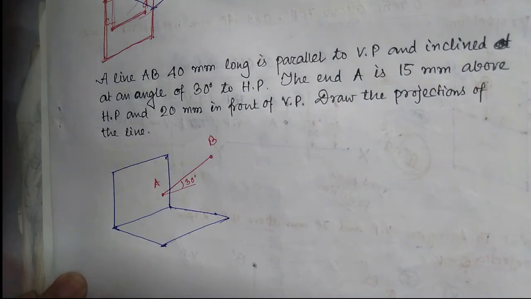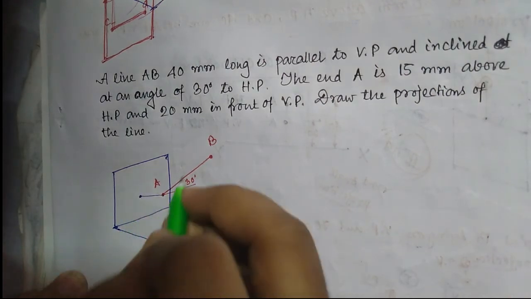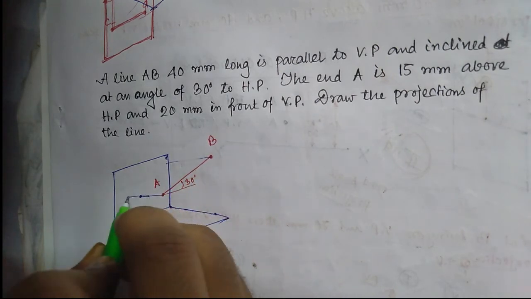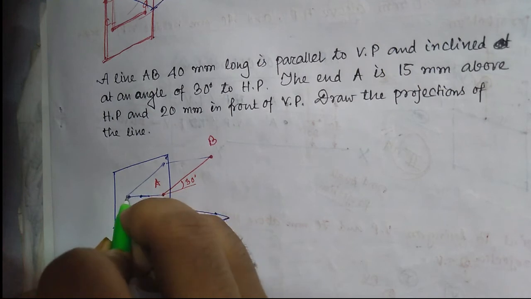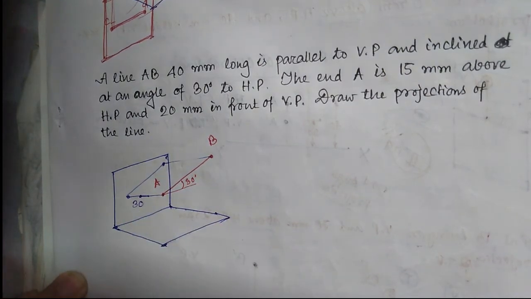Now what is the distance with vertical plane? This distance with vertical plane, it is 30 millimeter, and distance with the horizontal plane of end A, it is 20 millimeter.